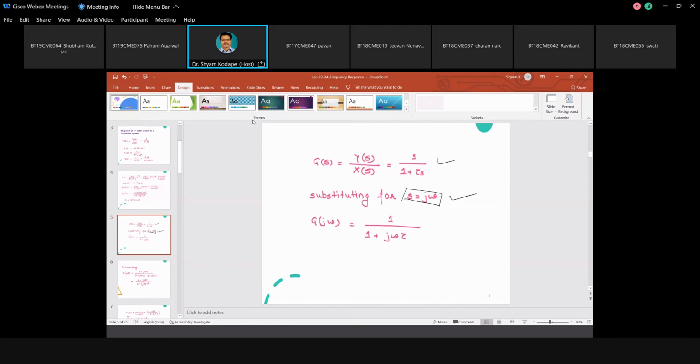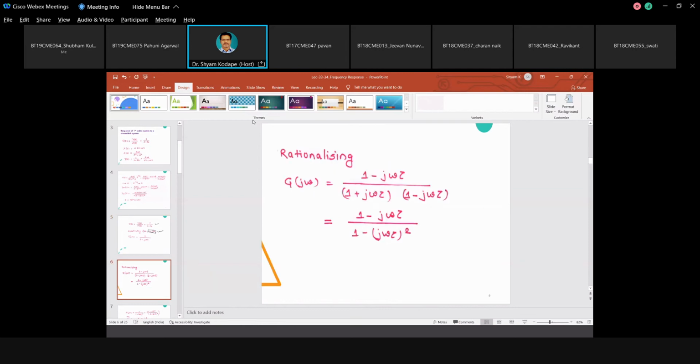When we convert the s domain into the complex one, you will observe that 1 upon 1 plus j omega tau will be there. Further rationalizing, multiplying denominator and numerator by 1 minus j omega tau, we get 1 minus j omega tau over 1 plus omega tau square, since (a plus b)(a minus b) is a square minus b square.